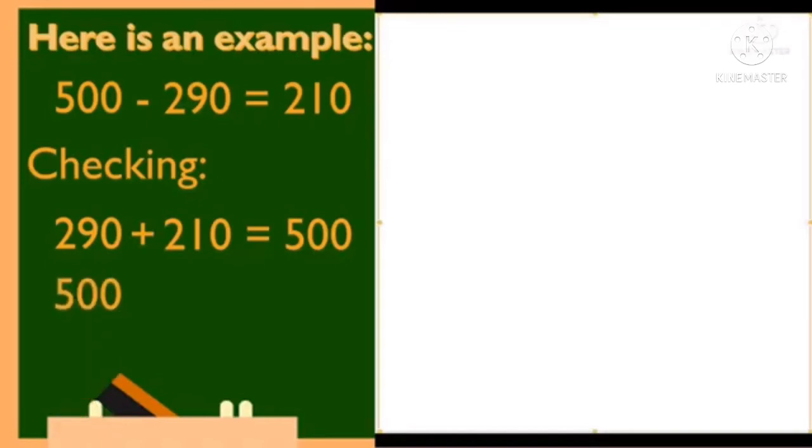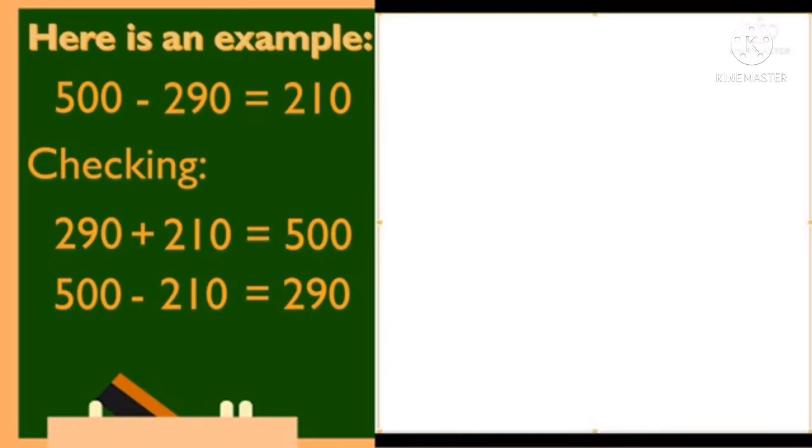Another one, 500 minus 210 is 290. Again, different positions, other operation, but still we didn't change the numbers. They're still the same.